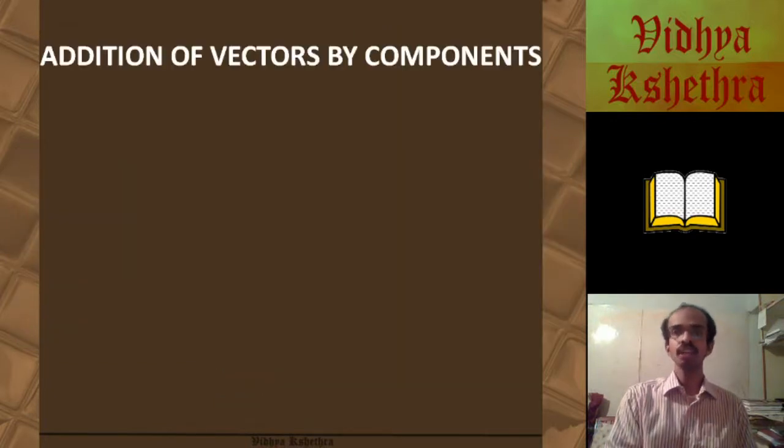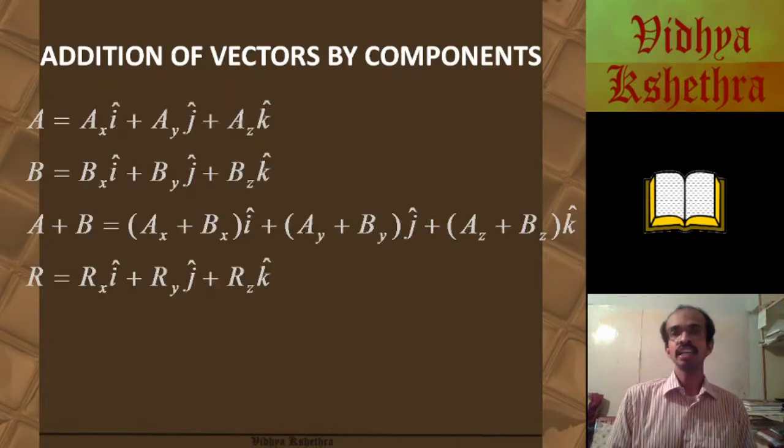Now addition of vectors by components. This is a more accurate method of addition of vectors compared to the graphical method. In this case, consider two vectors, that is A and B. A is equal to ax i cap plus ay j cap plus az k cap, and B is equal to bx i cap plus by j cap plus bz k cap.